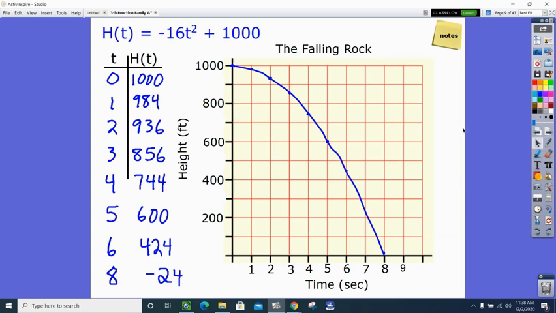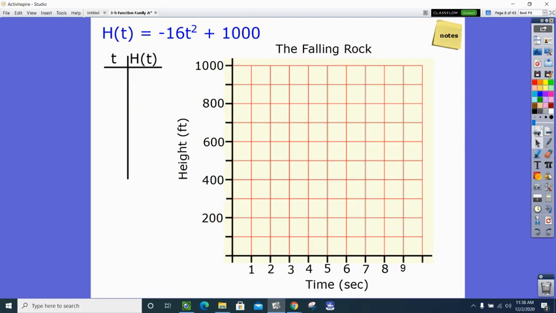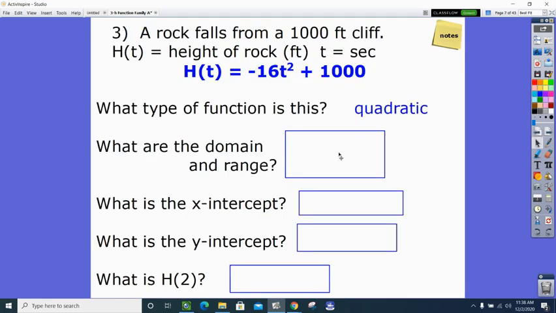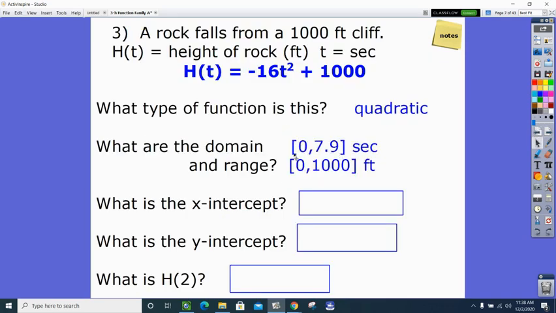Again, pause at any time you need to, but I'm going to go back to fill in those questions that we saw on the first slide. So our domain and range we just mentioned. I'm calling it 7.9 seconds. So from 0 to 7.9 seconds inclusively, you could really put an 8 here with a parenthesis, and I would accept that as well.